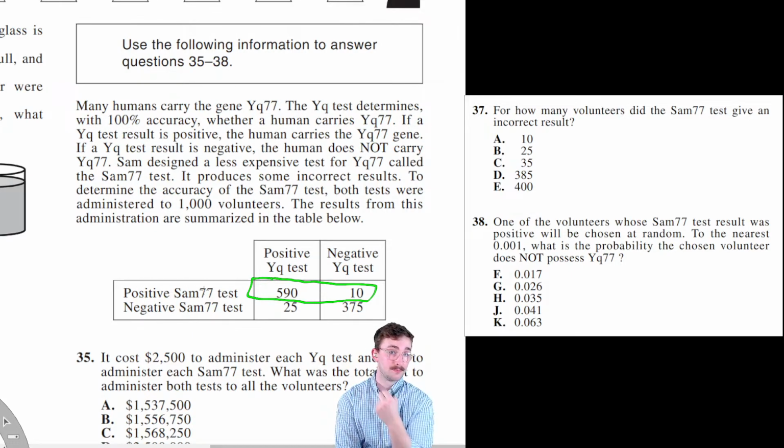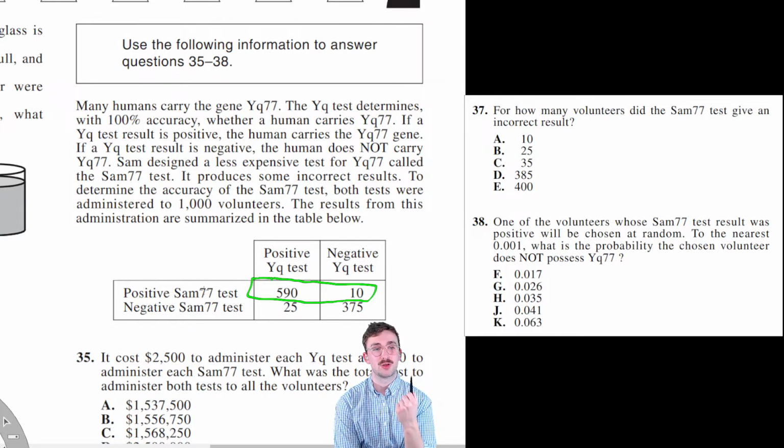Break problems down. Don't wait till the end to start figuring out the numbers. Already I want to know how many people that is. One of the volunteers of the 600 is the way I'm reading that now. To the nearest 0.001, so that's telling you that you can round. You have to get permission to round on this test.